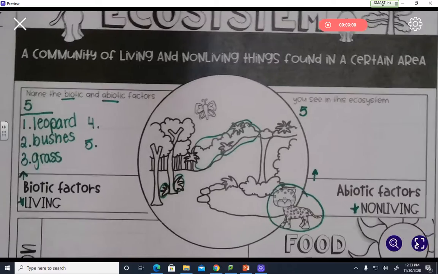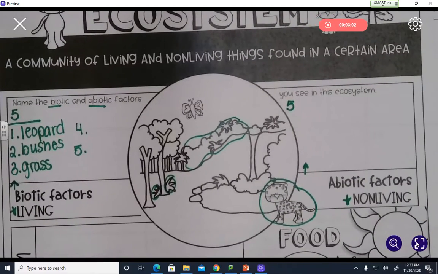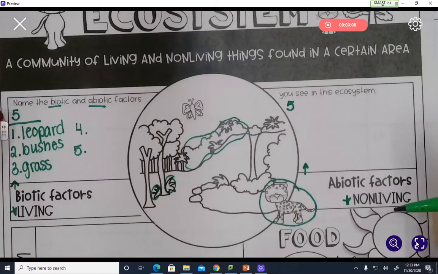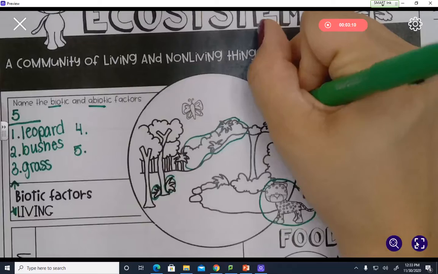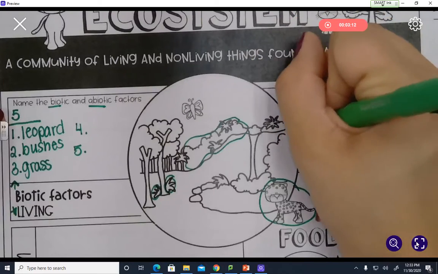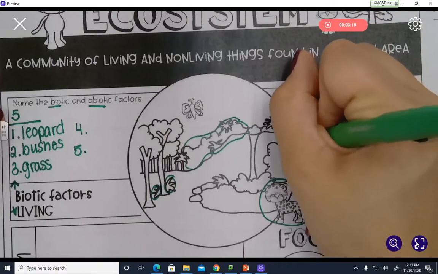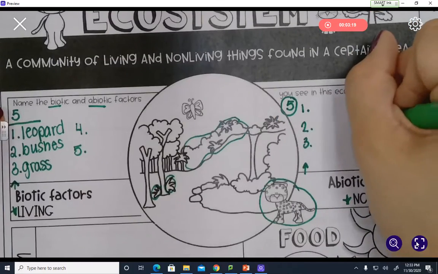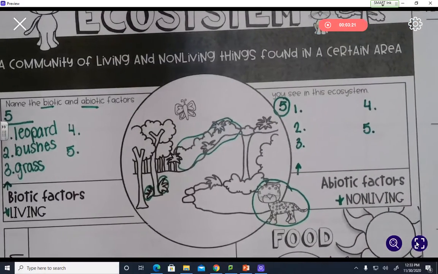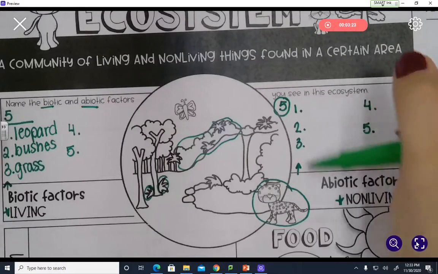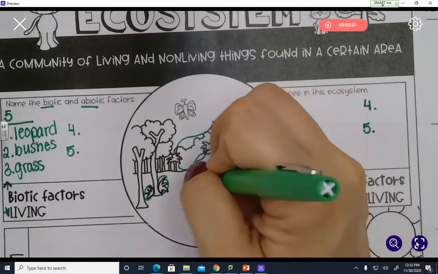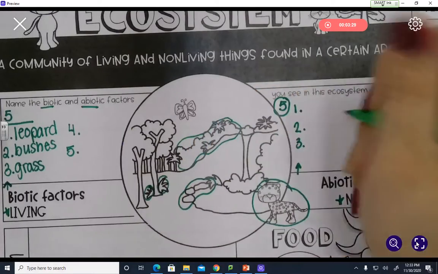So now abiotic. So anything that's not living that you would see in this ecosystem. Again, I said that there's 5 of them. So I'm going to number my paper. So the first thing that I see that's not living are these rocks right here.